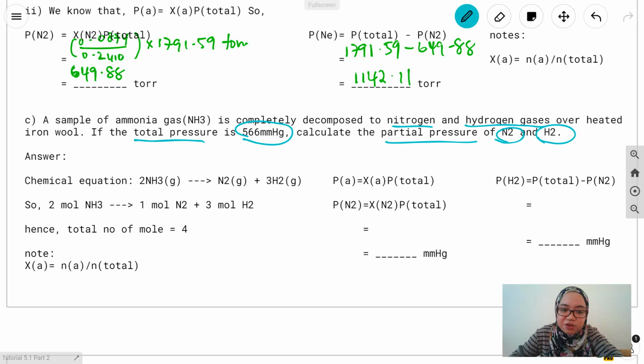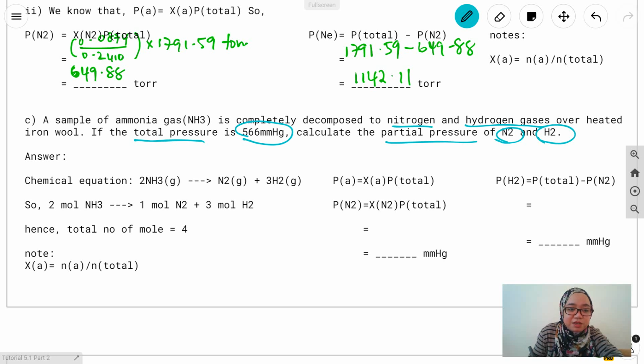So when we balance everything, we will get 2 NH3 decomposed into N2 plus 3 H2. So the coefficient 2 we will convert into mole. So 2 mole of NH3 will decompose into 1 mole of nitrogen gas plus 3 mole of hydrogen gas. Hence, the total number of mole is actually 4.